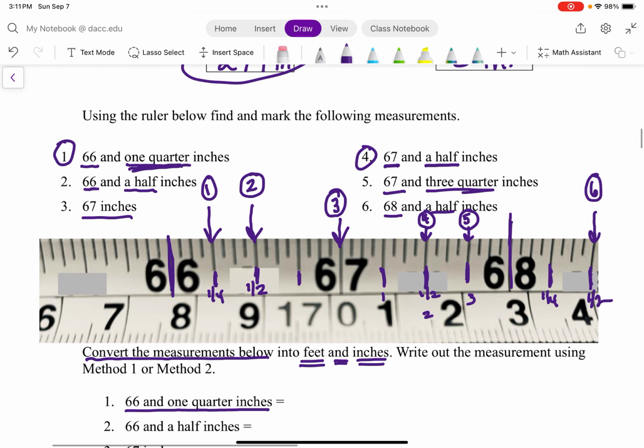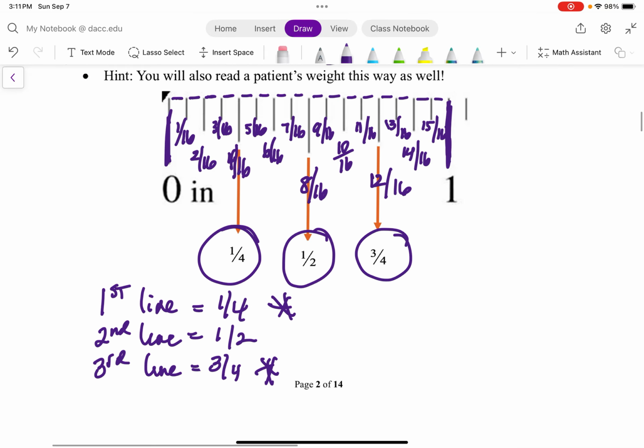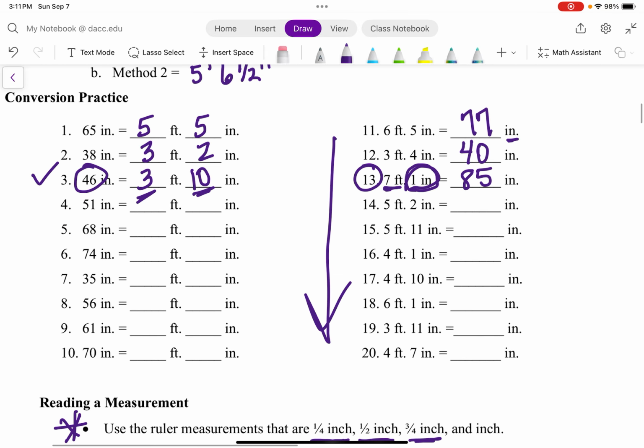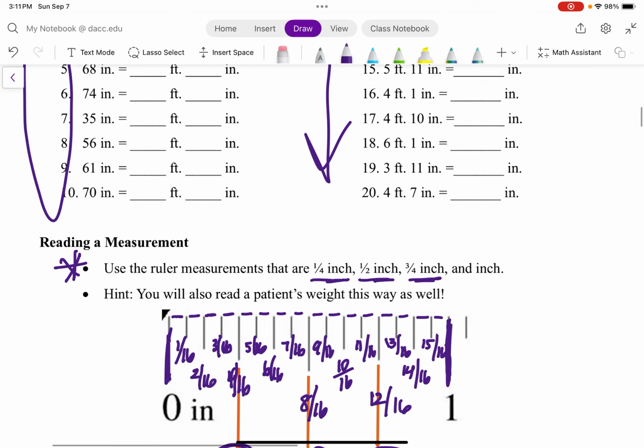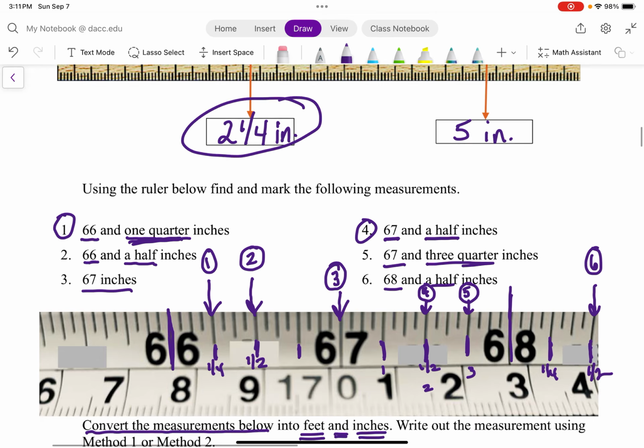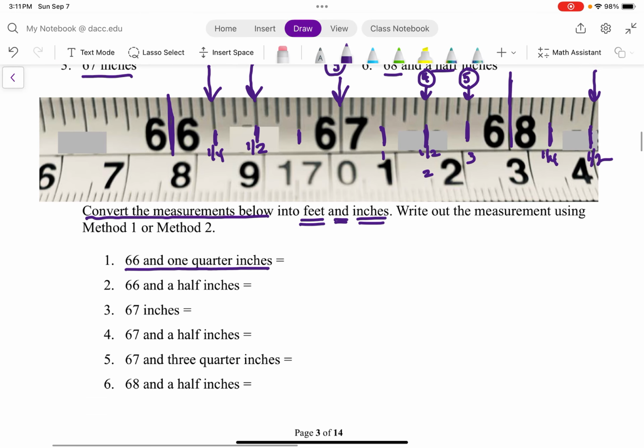What this is asking us to do is very similar, almost exactly, to the questions here, the total number of inches, but converting into feet and inches. So let's look at how we're going to do that.